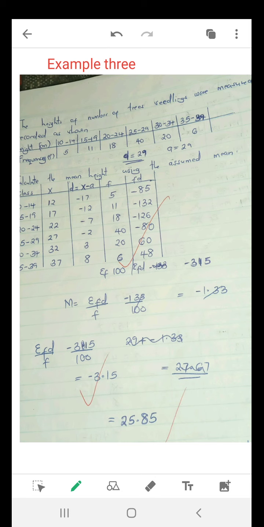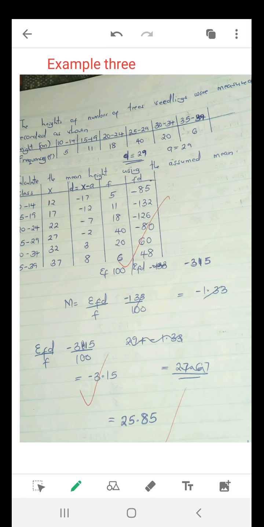So you can just average from there. Maybe 28, 29, 30, somewhere there, 35. So choose an average value somewhere there so that you work with small values.